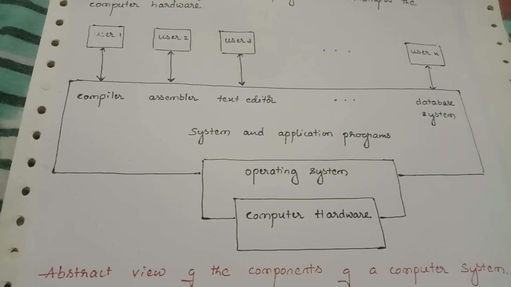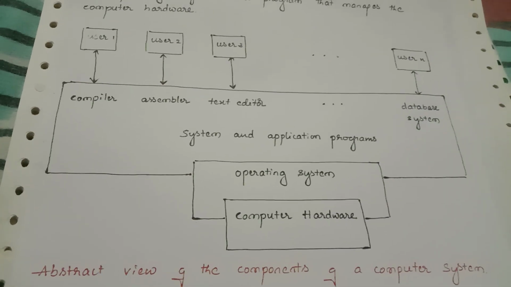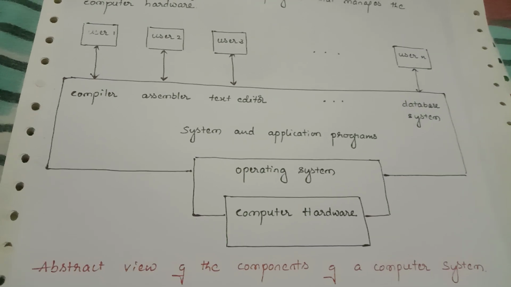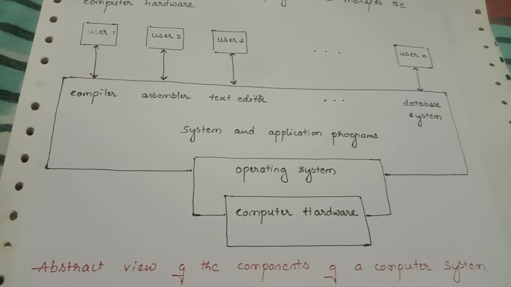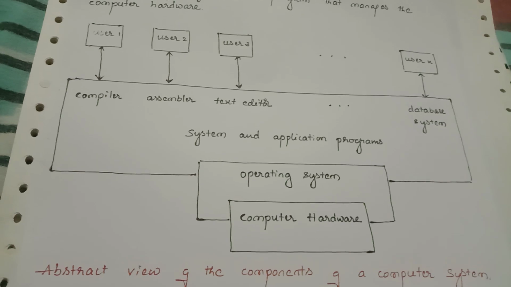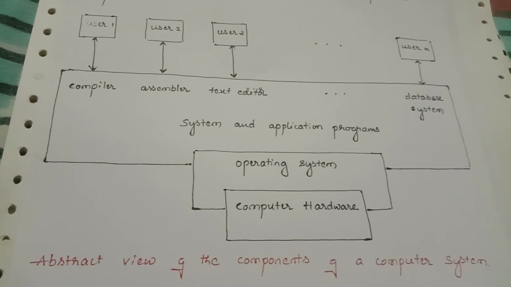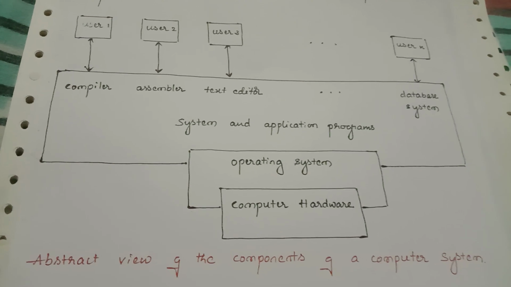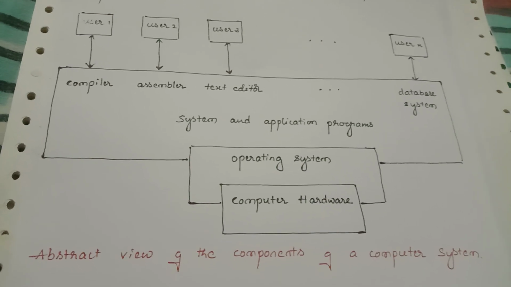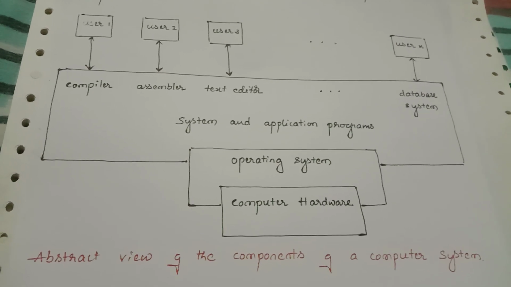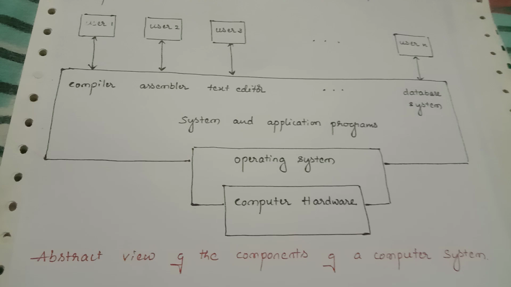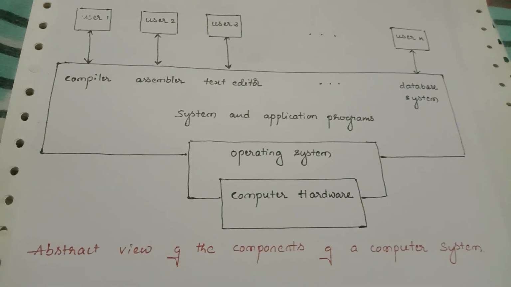When we talk about hardware, these are the central processing unit (CPU), the memory, and the input output devices that provide basic computing resources for the system. And the application programs may be word processors, spreadsheets, compilers, and web browsers.